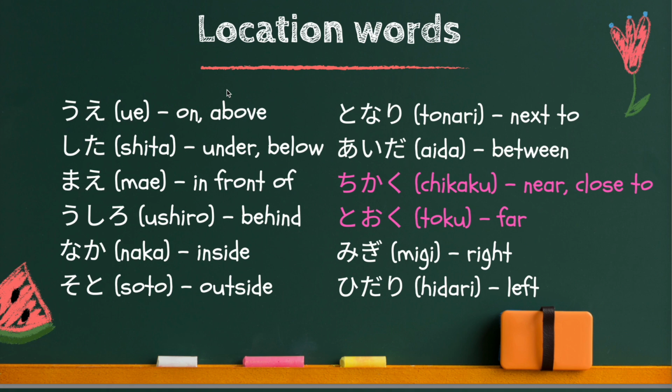location words. So, we have just focused on 近く near, but now we will move on to the next one, 遠く which means far. And this is quite a special one because most of the time we use 遠く by itself. I will show you one example.